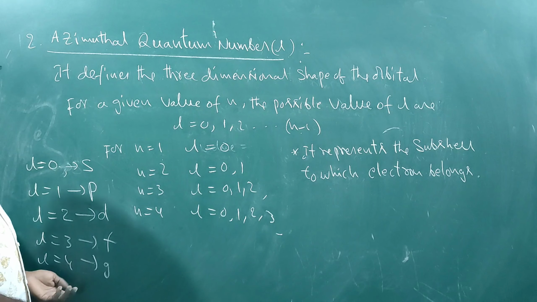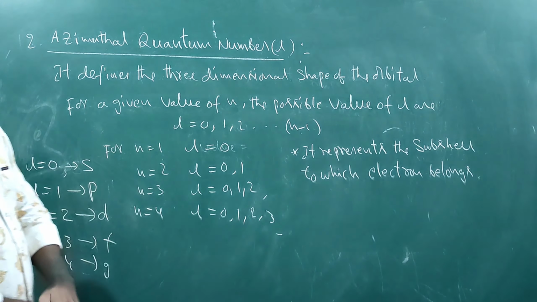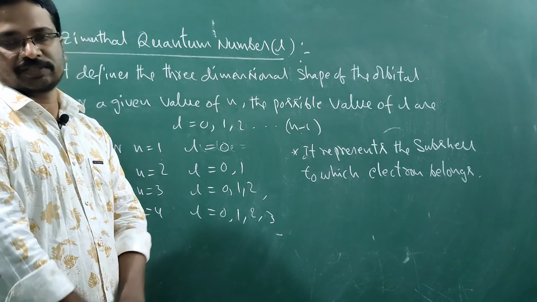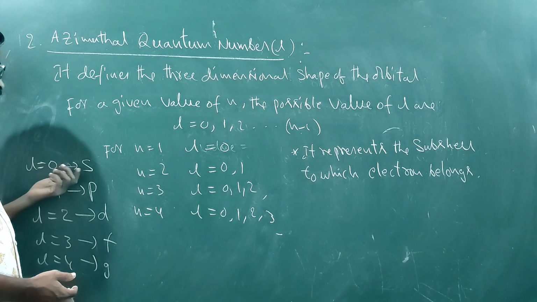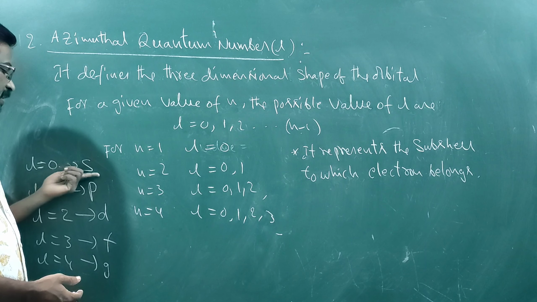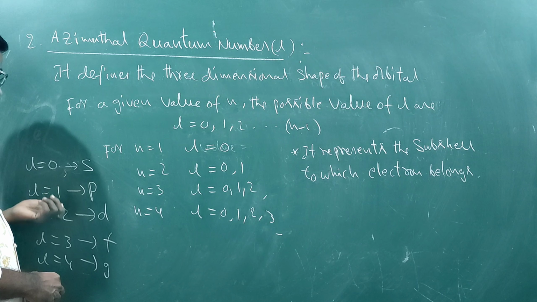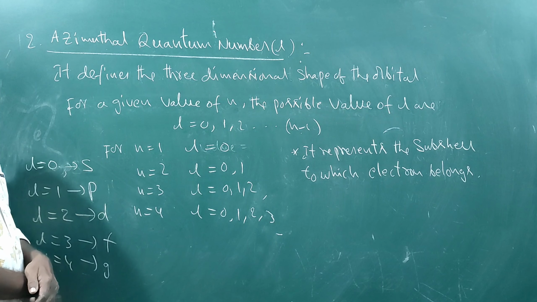So like this you can understand subshells. It represents the subshell to which the electron belongs. If L is equal to 0, the electron is present in the s subshell. If L is equal to 1, then the electron is present in the p subshell.